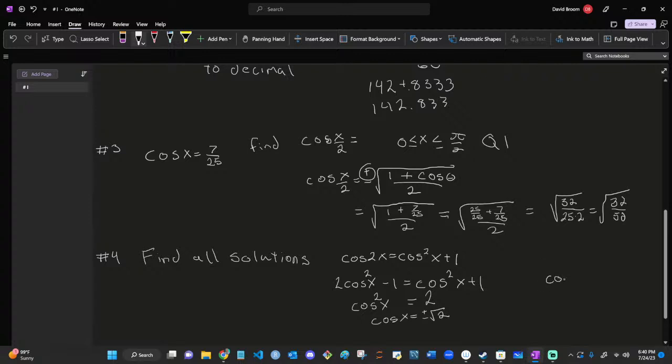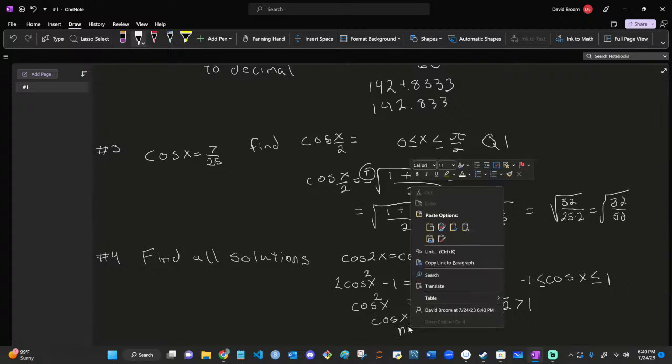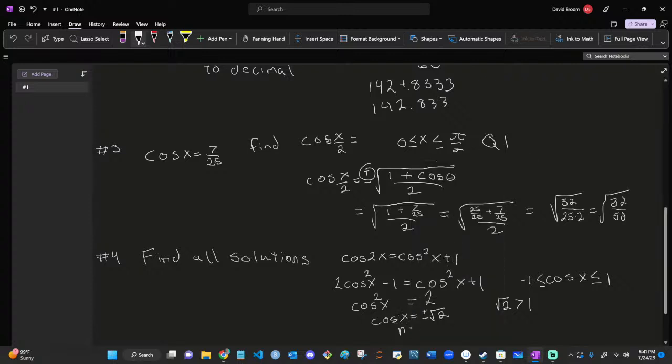And we know that cosine right here is in between -1 and 1. Square root of 2 is greater than 1. So I guess there's no solution.